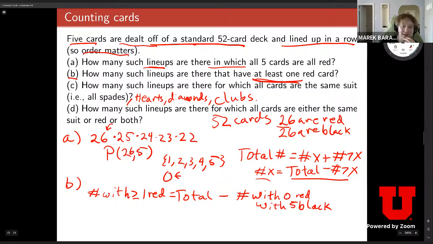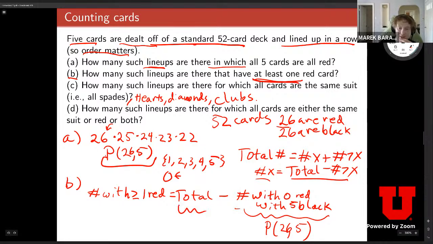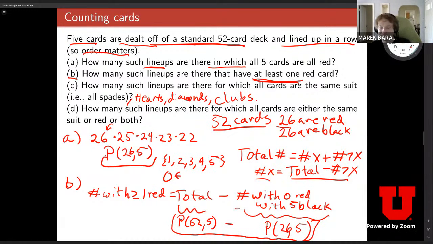And we look at part A and say, okay, the reds and the blacks are interchangeable, so this one right here is equal to P(26, 5), and this one right here is the total number, so we're just going over the 52 cards. So we get P(52, 5). So the answer is P(52, 5) minus P(26, 5). That's just by the complement rule.